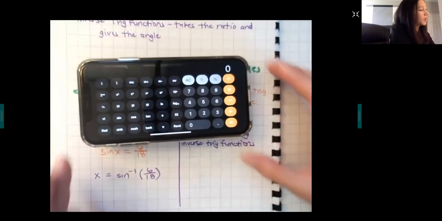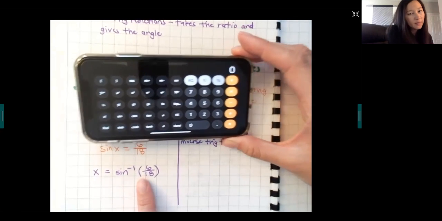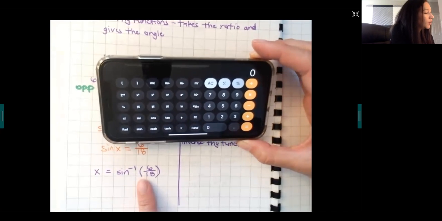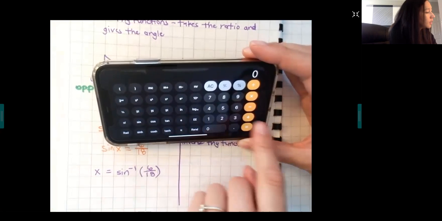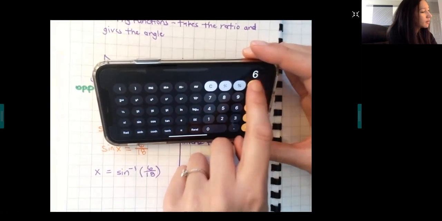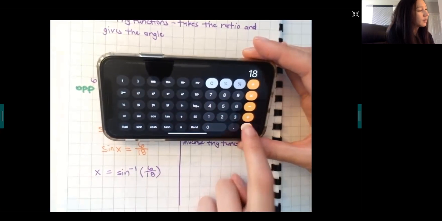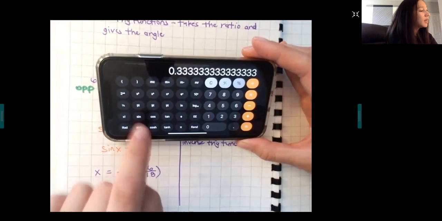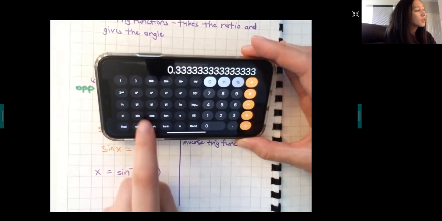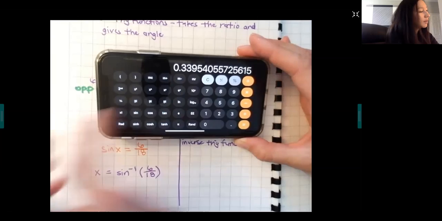Okay. So now, if you have an iPhone, you're going to do 6/18 first, which equals 0.33333. And then we need to take the inverse sine. So right now it's just sine. Oops, I didn't mean to hit that.